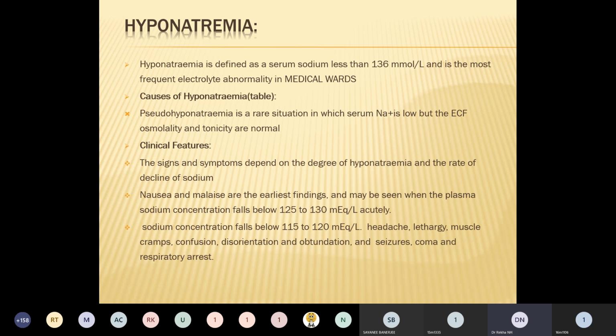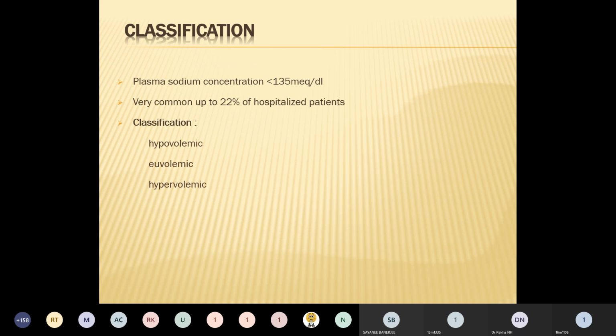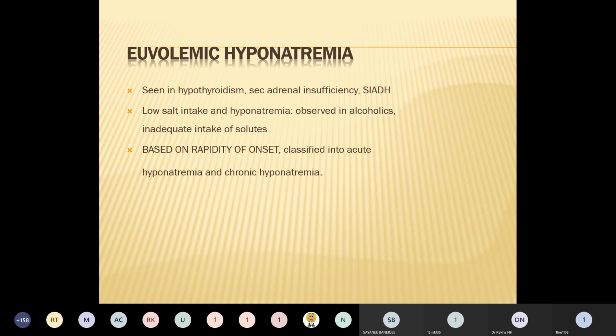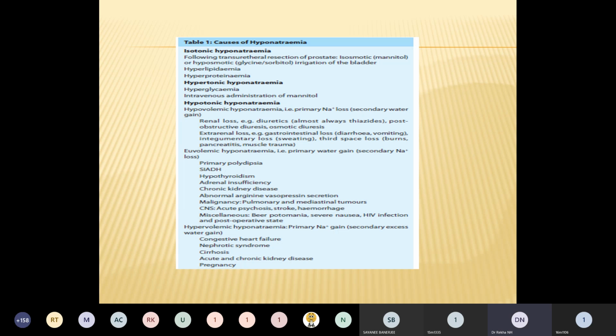Coming to the causes of hyponatremia. The causes are classified into euvolemic hyponatremia, hypovolemic hyponatremia, and hypervolemic hyponatremia. Euvolemic or isotonic hyponatremia we usually get in SIADH or hypothyroidism.